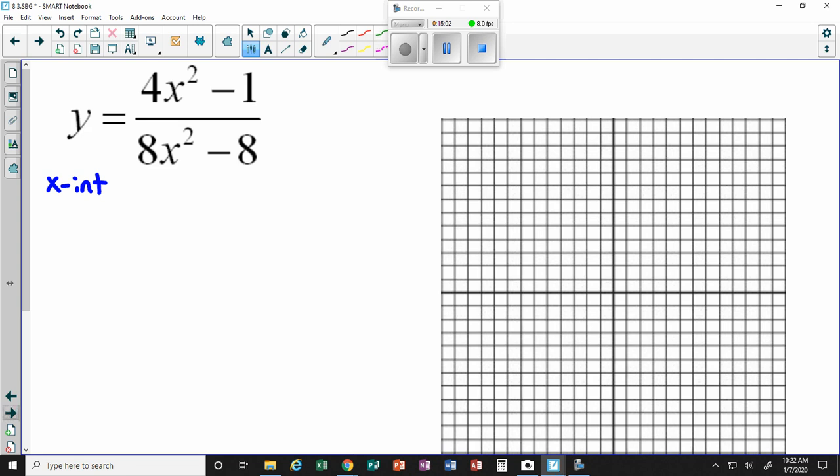Set the top to 0. Top equals 0, yeah? So when I set the top equal to 0, we need to remember back to chapter 2, or 3, whatever it was, 4, how to solve this. How do we solve this?